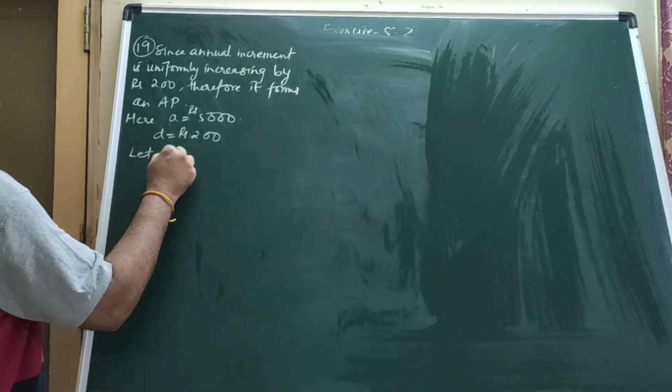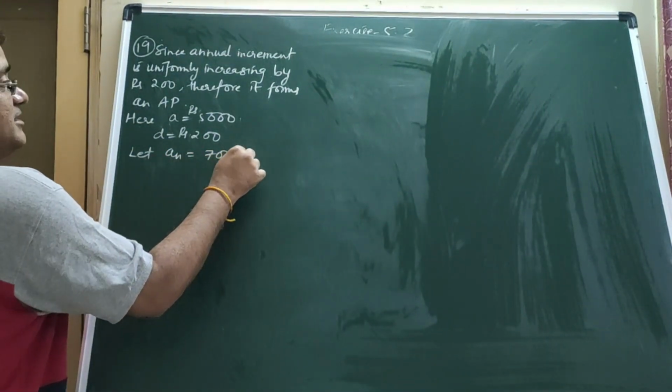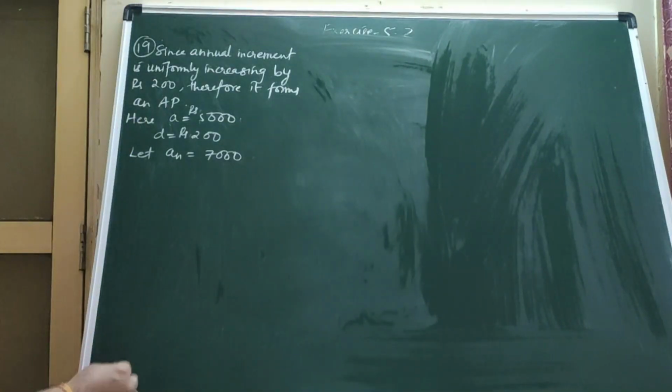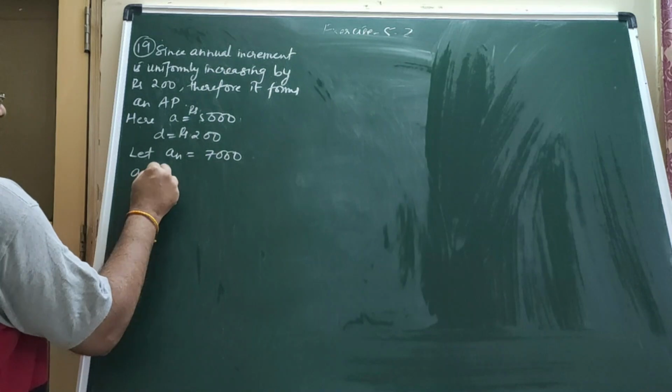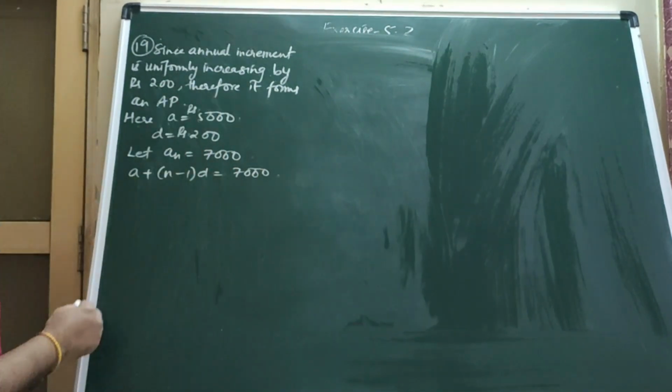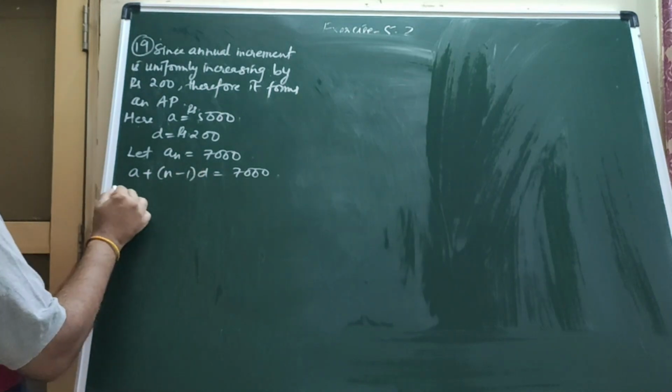So let nth term is equals to 7,000, and we need to find the value of n. Okay, so a plus n minus 1 into d is equals to 7,000. Now substitute the value of a and d.